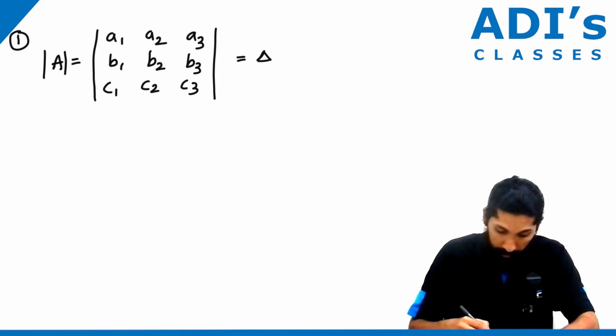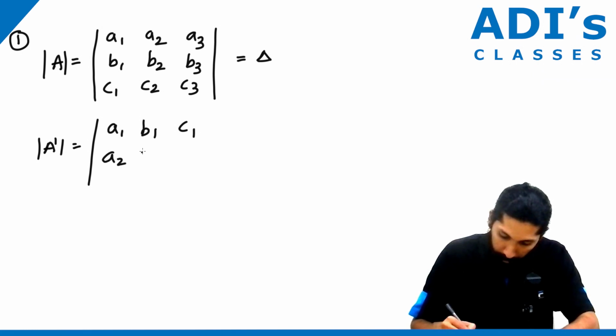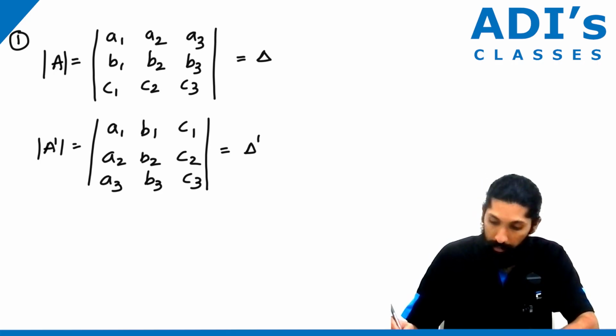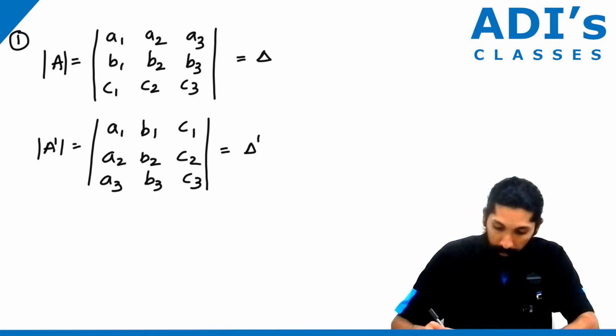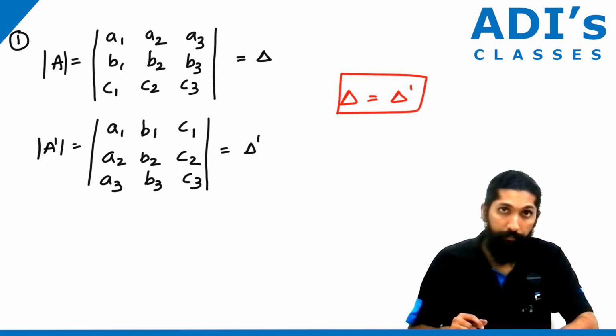The new one, let's call it A dash, will have A1, B1, C1, A2, B2, C2, A3, B3, C3. Let's call this delta dash. What the first property tells you is that delta is equal to delta dash. The determinant is going to be the same.